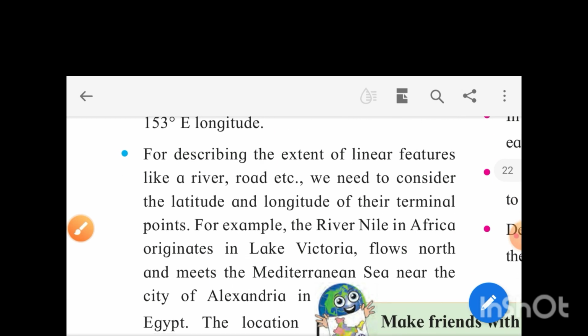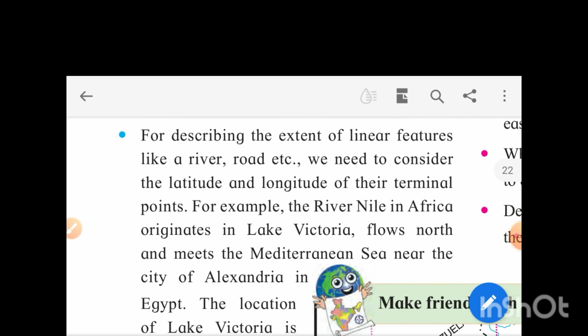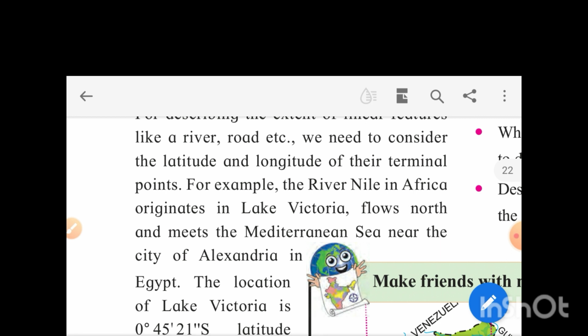For describing the extent of linear features like a river, road, etc., we need to consider the latitude and longitude of their terminal points. For example, the river Nile in Africa. If I'm asking you the extent of the river Nile, you have to tell me both the start point and the end point.